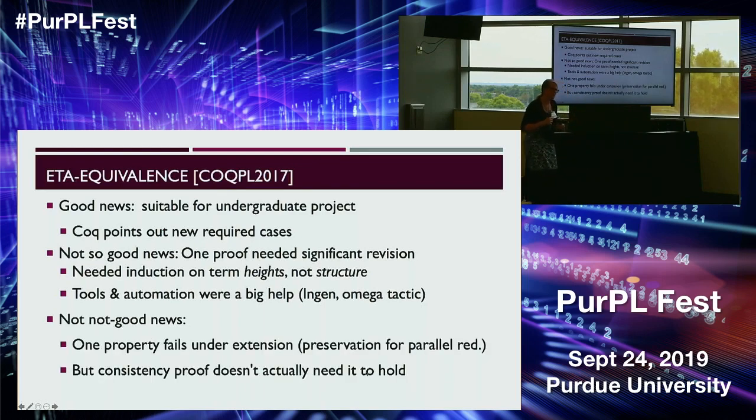Another thing that happened was that one of our properties that we had proven before was false. This was kind of a surprise to me because we were trying to prove it, we couldn't prove it, and then of course we tried to figure out why. We found a counterexample. But it turned out we didn't need that property anyway. It wasn't important for our proof.